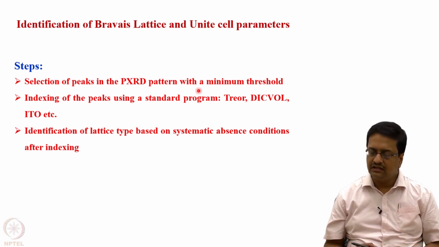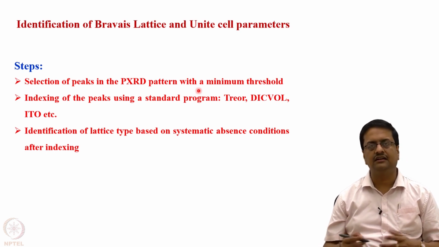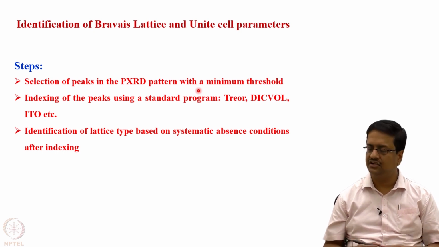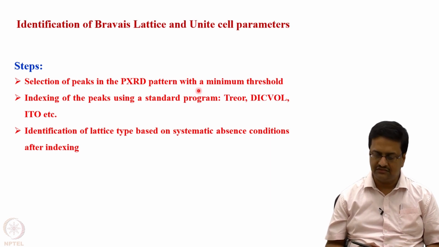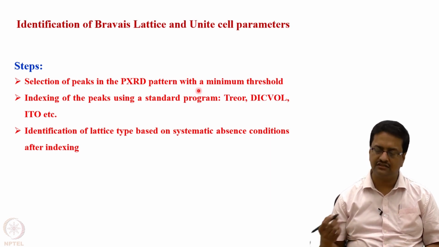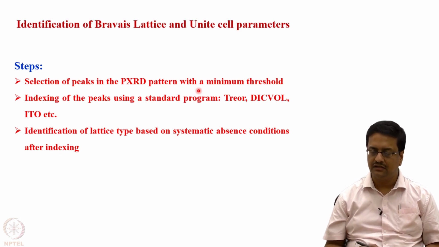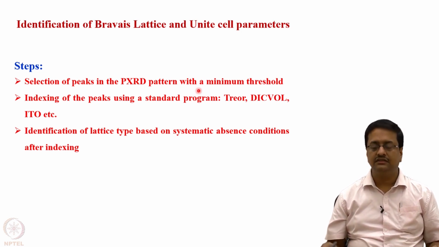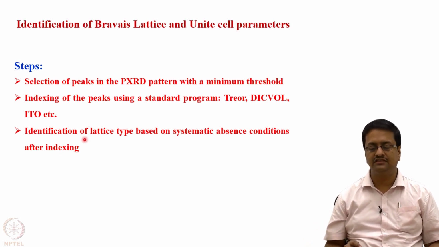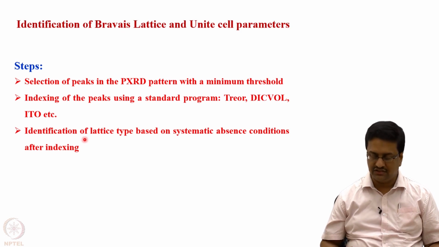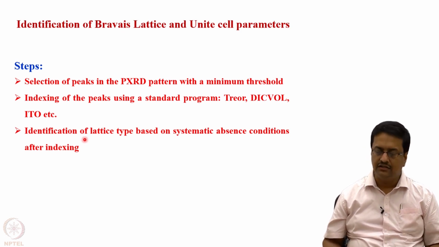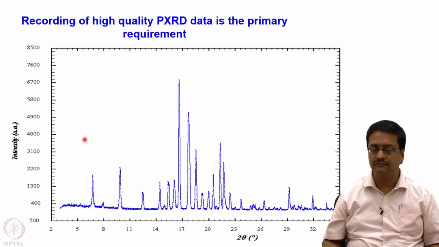Then we try to index these peaks using some standard computer programs, Treor, Dicvol, Ito, and all that. Nowadays we have DASH as well for indexing. PDXL also does the indexing of powder diffraction data. So then, based on that, one can identify the lattice type, and based on systematic absences after indexing, one can try to get the space group as well, but that is very difficult.